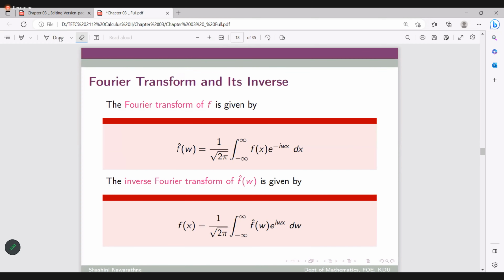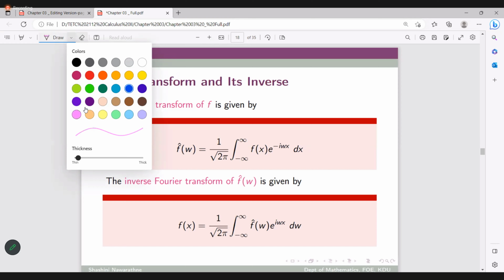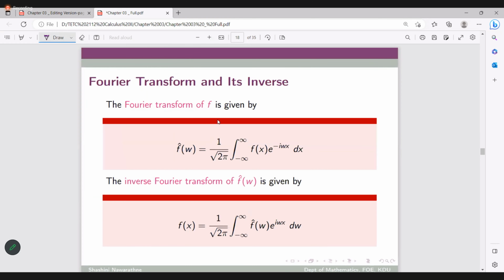Fourier transform of f. If we have a function f and we are asked to find its Fourier transform, as I mentioned earlier, the Fourier transform is also an integral transformation method. So we obtain a completely new function of a new variable, starting from a function of variable x, by applying an operation related to integration.